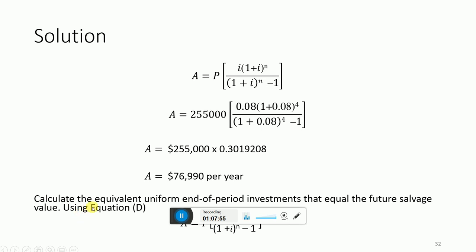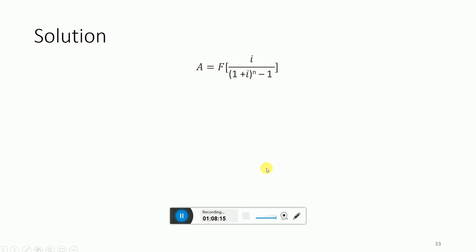So this is the annualized value. Now we have to calculate the equivalent uniform annual period of investment that equals the future salvage value. This came from the purchase value per year, but now we are going to calculate the salvage value annualized. So we are going to use this formula. Here F we already have. It is the salvage value, which is 50,000. I is 0.08 and N is 4 years.